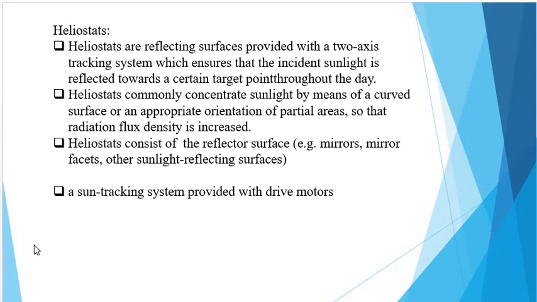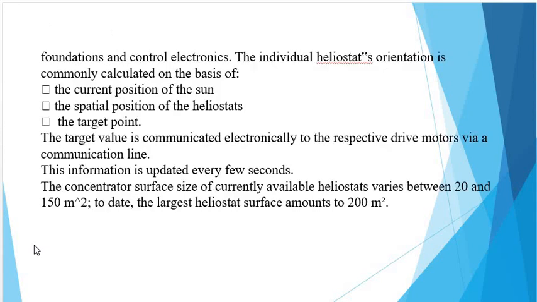The sun tracking system is provided with drive motors, foundations and control electronics. The individual heliostat's orientation is calculated on the basis of the position of the sun, the spatial position of the heliostat and the target point. The target value is communicated electronically to the drive motors via the communication line. This information is updated every few seconds.